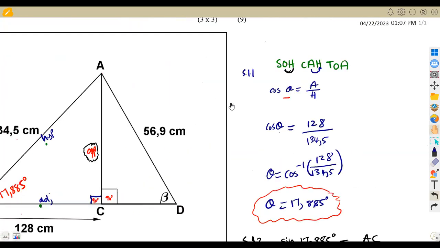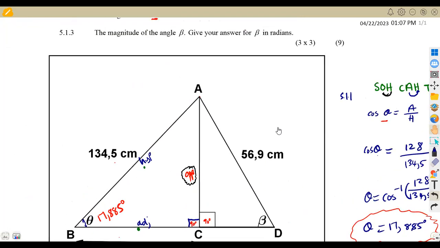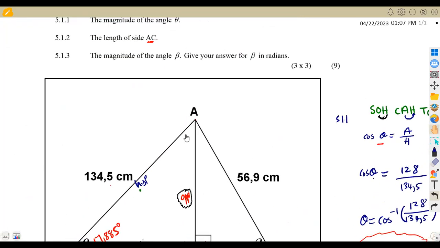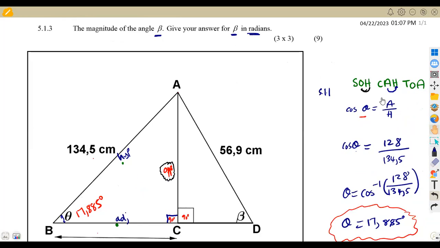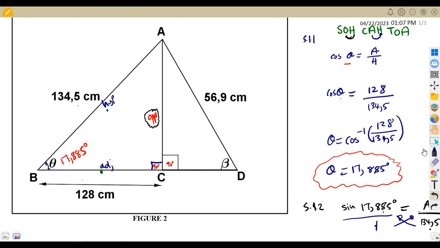Now we have got this side AC, so you can substitute it, just put it on the diagram. Then now the magnitude of the angle beta. So we need the angle beta. That is, give your answer for beta in radians. So beta is supposed to be in radians, and this is where we have our beta here. Take note, we calculated AC.